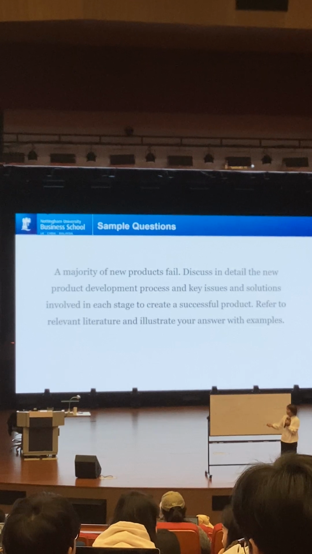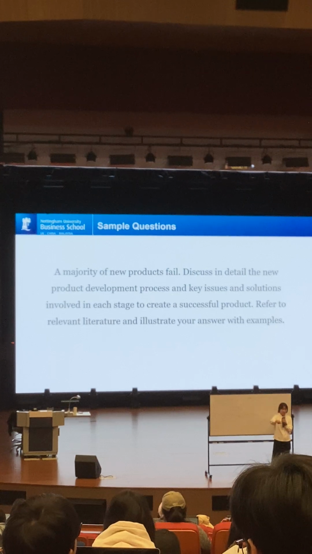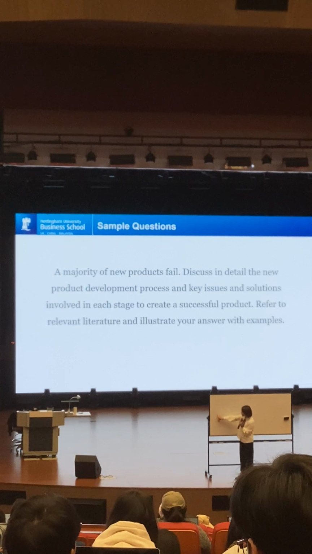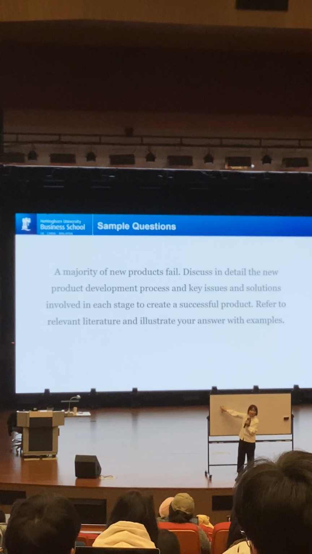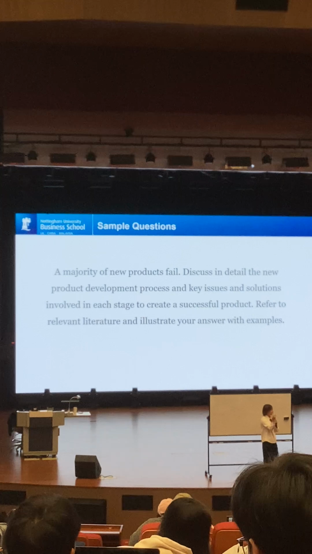Also, try to stick with these main components first. Try to keep focused first. If you only focus on these two issues and the solutions, and ignore this MPD process, don't worry, you will still get a pass mark, but only a pass mark, around 50 to 60.